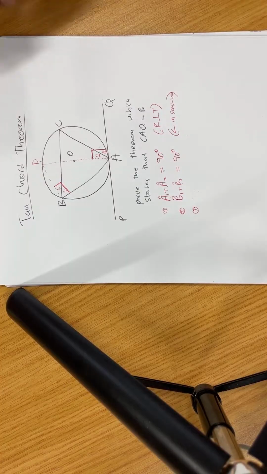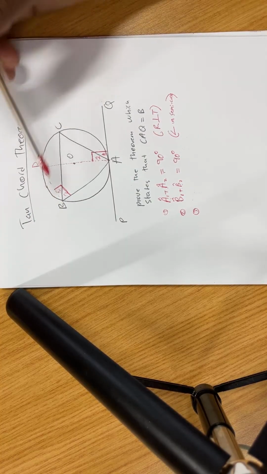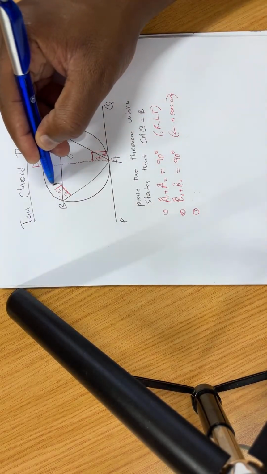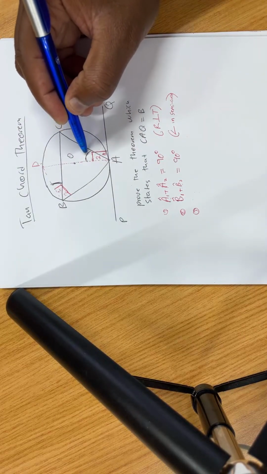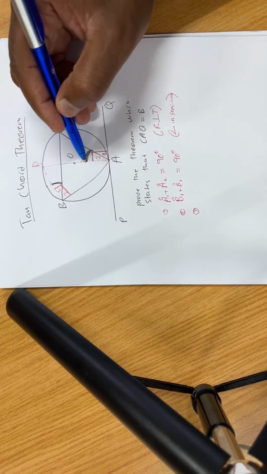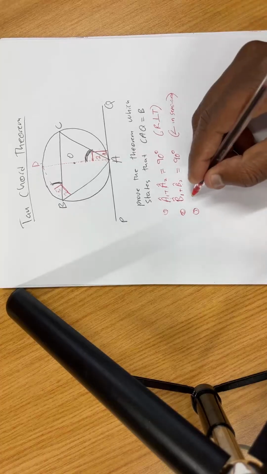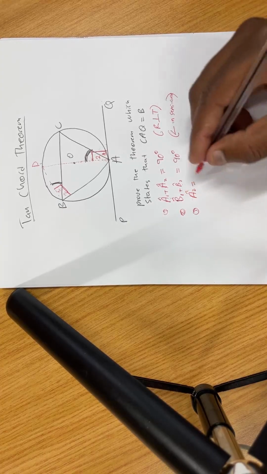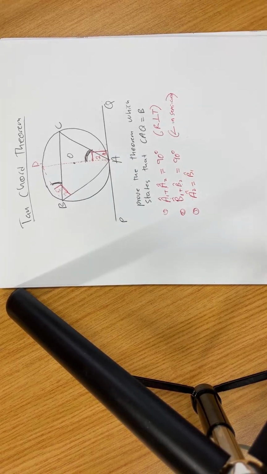I found a butterfly theorem. Angle B1 and angle A2 are close to each other. Why is angle A2 equal to B1?